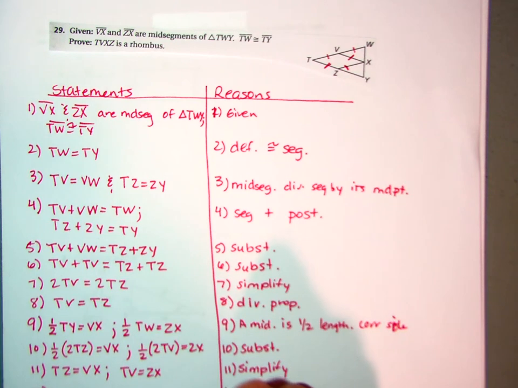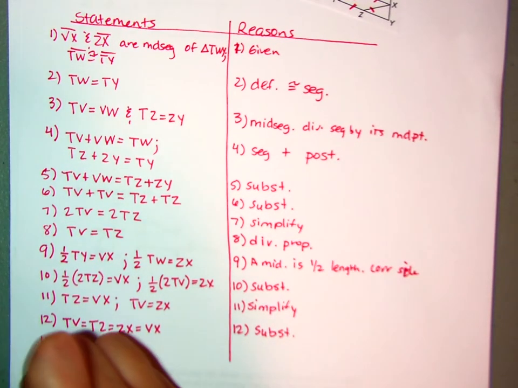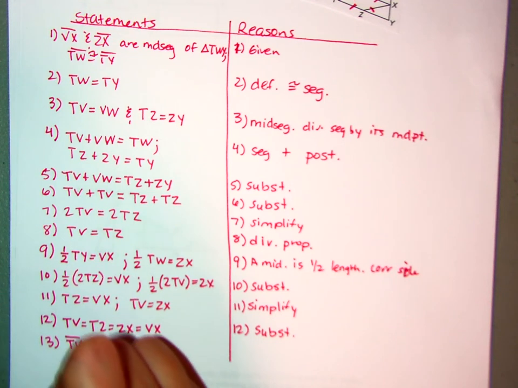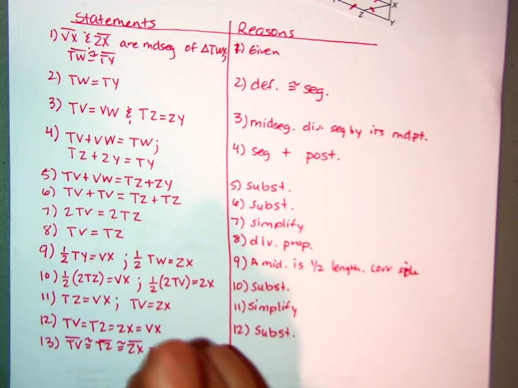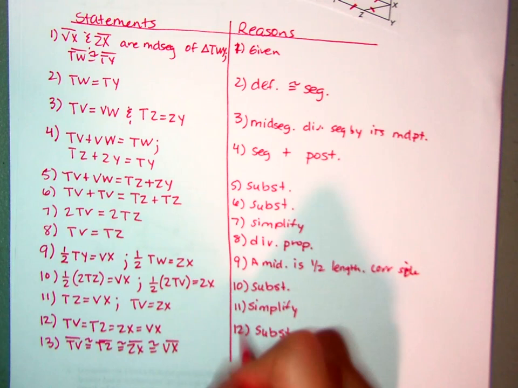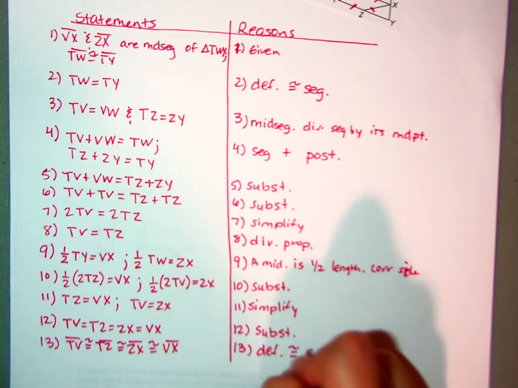And the reason is substitution again. Sorry, I'm getting down off the paper. And if that's true, then that means that segment TV is congruent to segment TZ, which is congruent to segment ZX, which is congruent to segment VX. And the reason is definition of congruent segments.